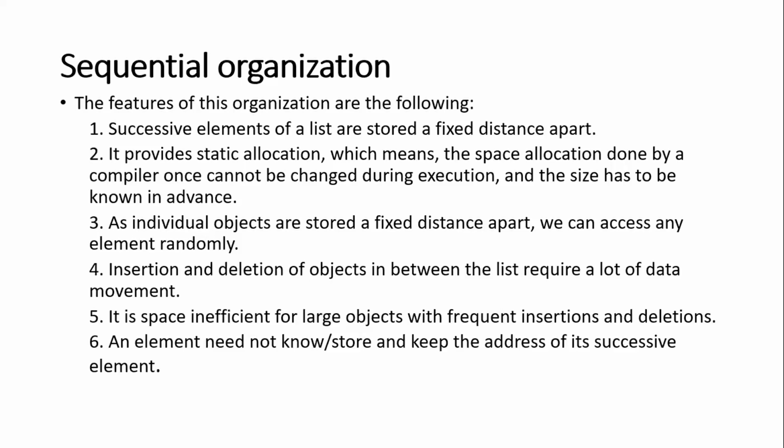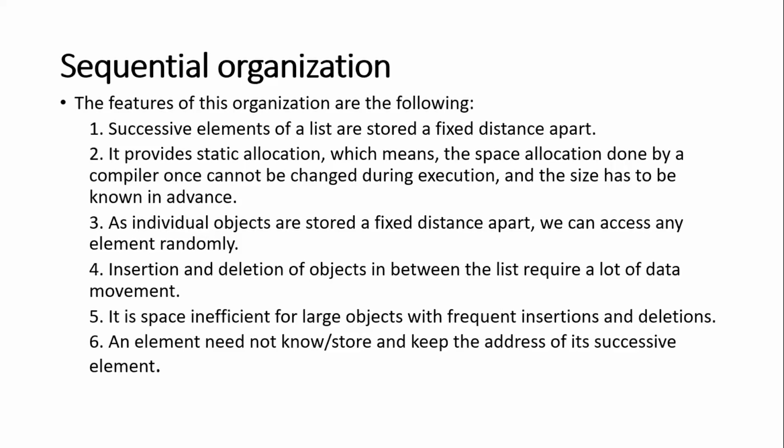Array A2 contains 10 elements. And array A3 also contains 10 elements. So allocation for array A1 means 10 places in the memory, and allocation for the second array starts after these 10 places. So these are placed at a fixed distance depending on the size of the array, and your array A3 starts after 10 more places. That is what fixed distance apart means.